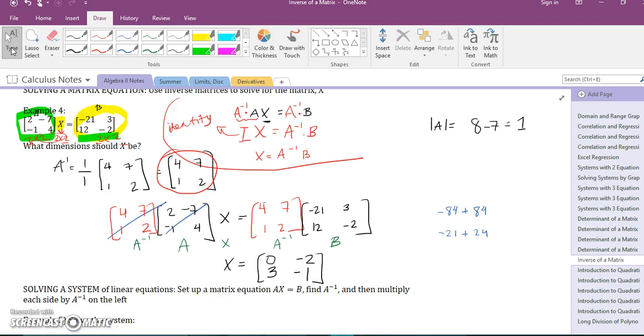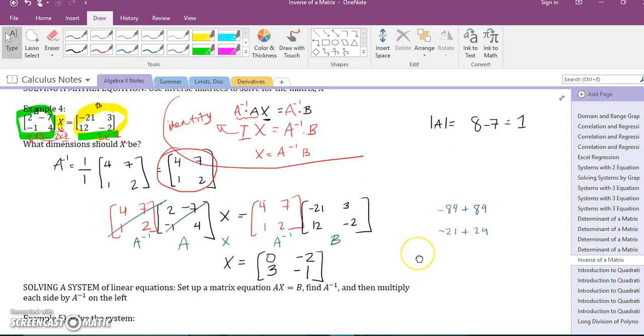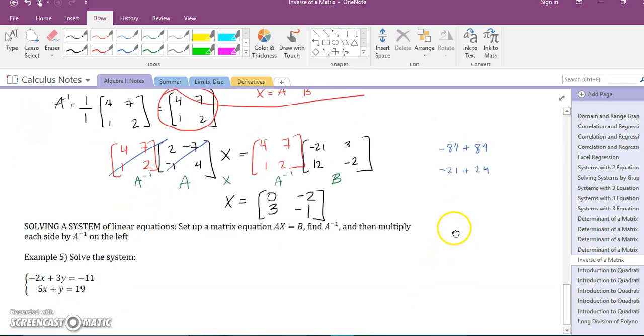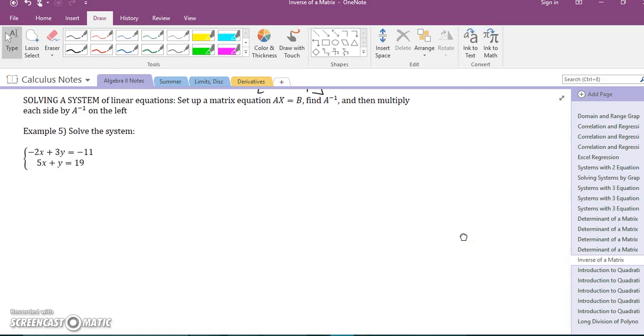You can also solve a complete system of equations. So this was just a matrix equation setup. We're looking for a mystery matrix X, and it was a 2 by 2. You can also solve a system of linear equations, and we did this on the calculator, and we're going to do it by hand now. So this is where we had our coefficient matrix, our variable matrix, and our constant matrix.